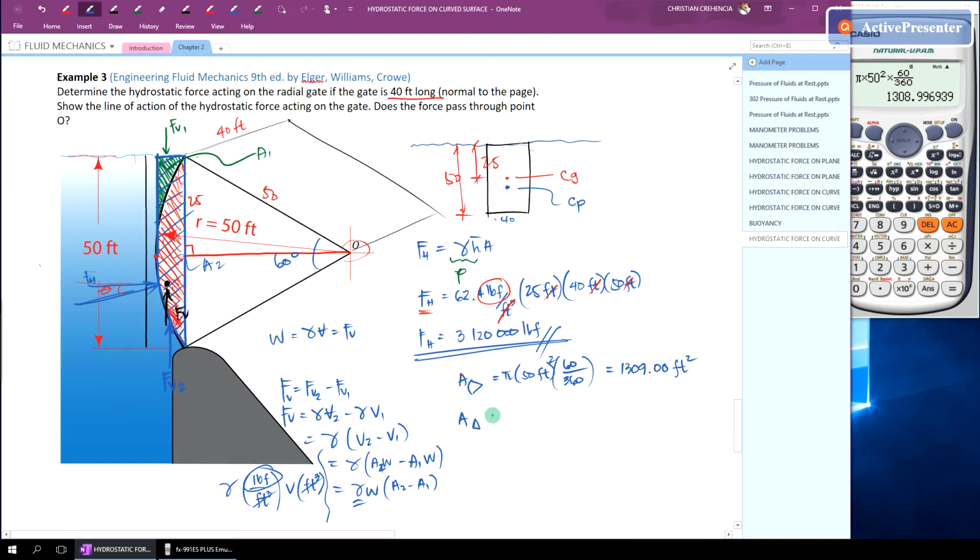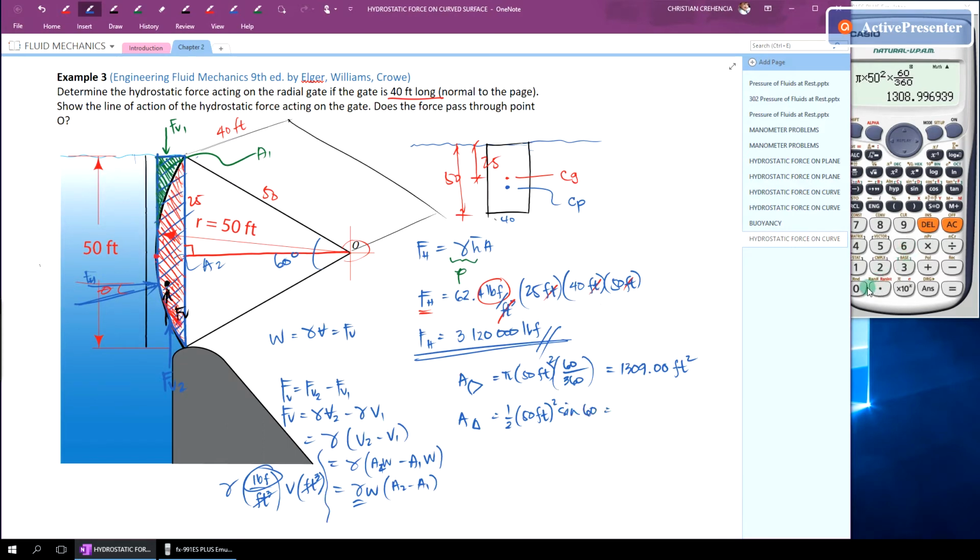Okay. Then meron tayong area ng triangle. Okay. So area ng triangle is, if alam natin yung included angle, so that is 1/2 no? Diba? That's AB sine theta. Okay? AB, yung dalawang side. So, para sa silang 50. So, 50 feet squared. Then, sine of the included angle, 60.